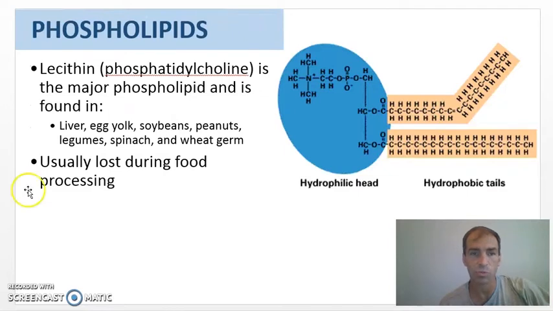And understanding this, one other part of this that I want to bring up, because we'll see this later on, is lecithin, otherwise known as phosphatidylcholine, which is a phospholipid. And in fact, soy lecithin is a somewhat common ingredient in some foods that you'll see on nutrition labels, particularly baked goods, powders, things like that.